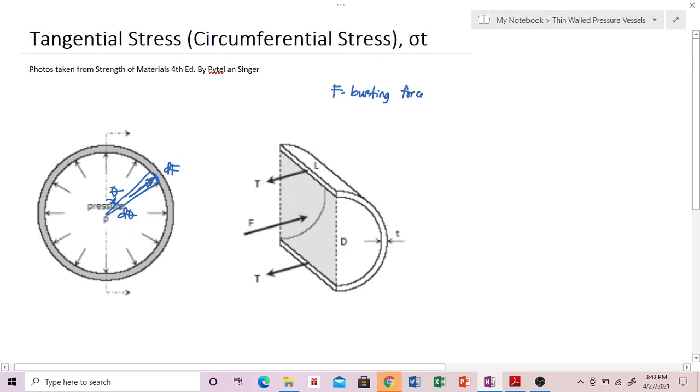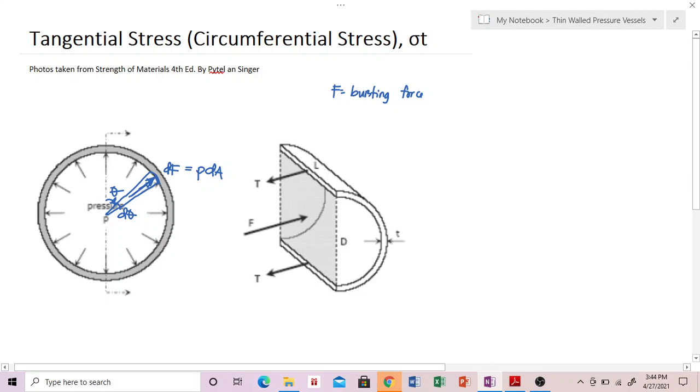Applying calculus, and what is F? Diba, ang force natin is pressure times area because pressure is force per unit area. So, ang force natin is pressure multiplied by area. Ang pressure na gagamitin natin is the internal pressure kasi yun yung tumatama dito sa internal walls noong vessel. So, we have the internal pressure, small letter p, multiplied by differential area.